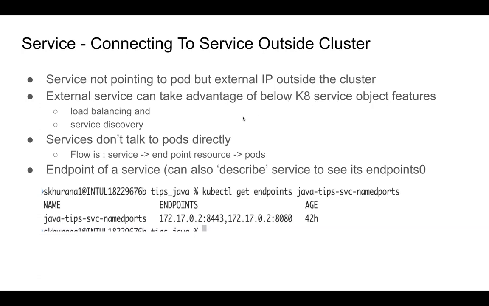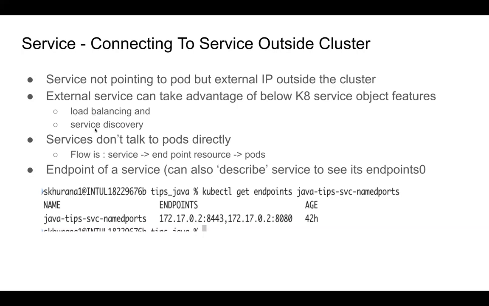Now, why would you want to do this? Because you already have a service outside. You already have a REST endpoint outside the Kubernetes cluster, so you could very well invoke it. Why do you want to create a service object inside Kubernetes and let the request go via the service object and invoke the external service from there? Because you might want the Kubernetes service's load balancing and service discovery features.